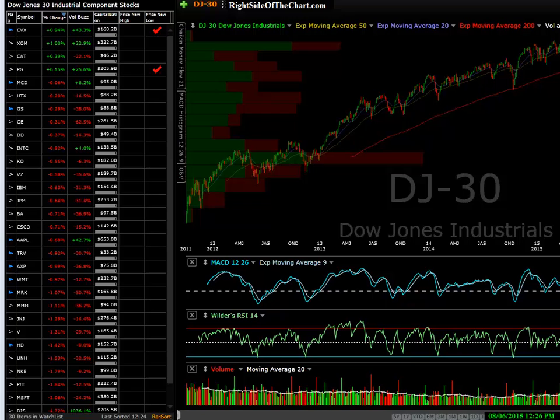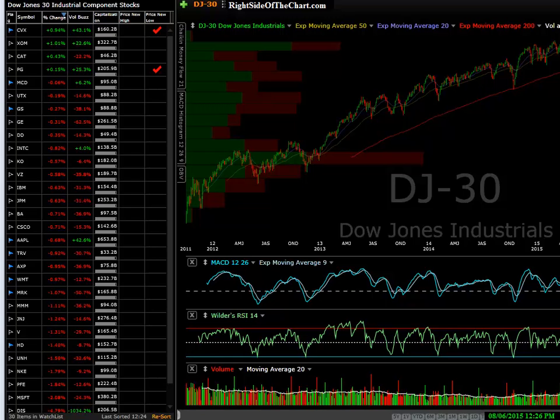In a nutshell, what you have are fewer and fewer stocks lifting the market to new highs, and very often when you see extended periods of such deterioration in the internals, you're looking at a correction or a possible longer-term trend change in the future.